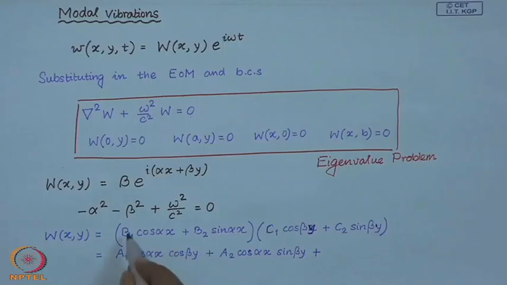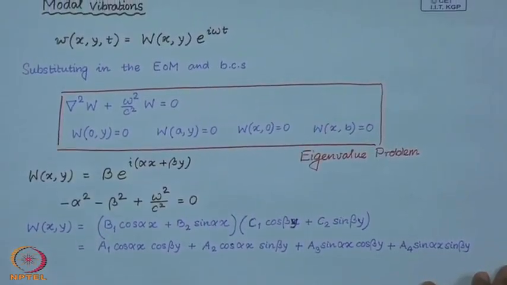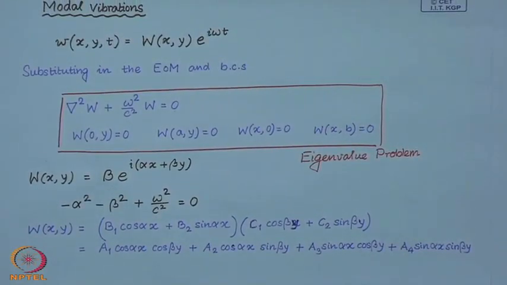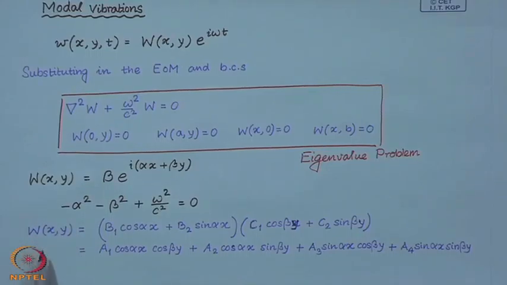I am multiplying out and redefining these products as A1, A2, etc. So, we have this as the general solution of the spatial function W of x comma y.